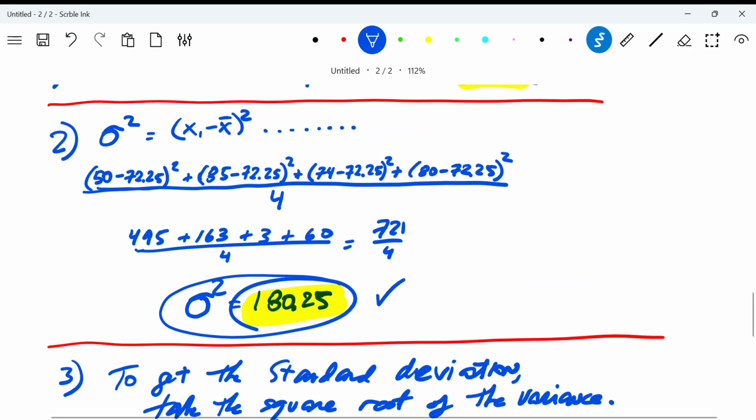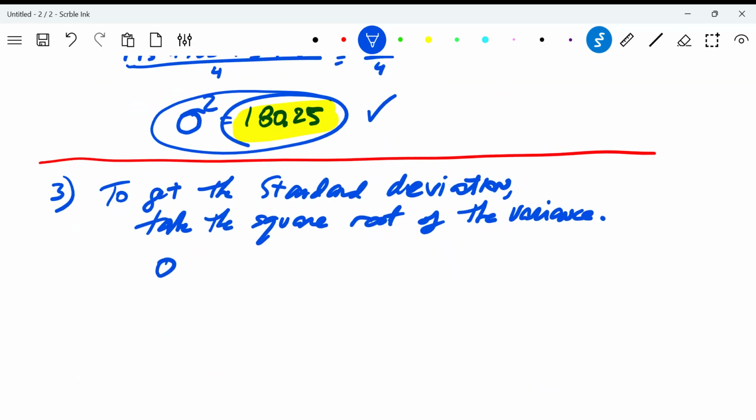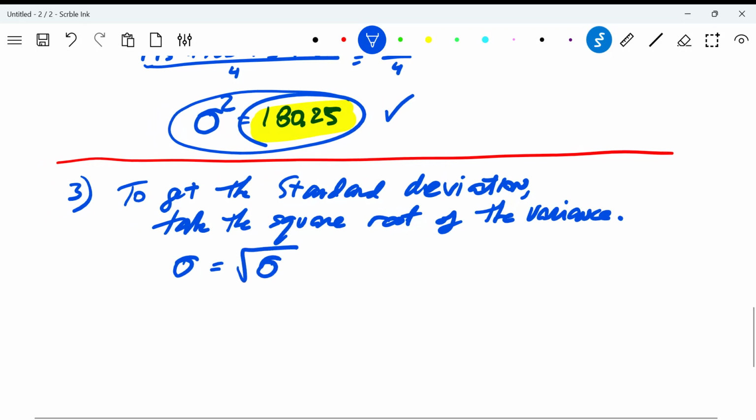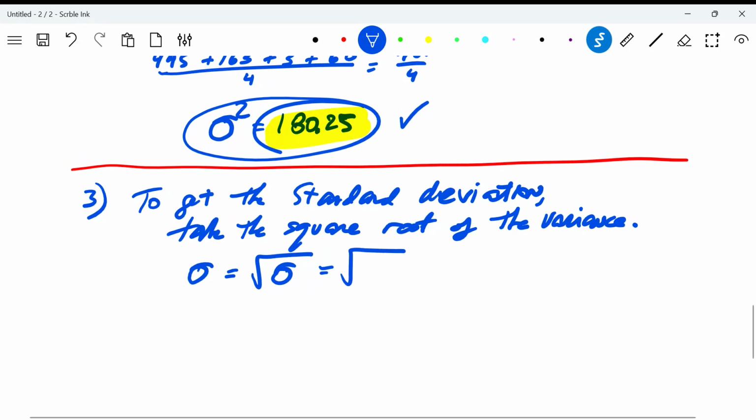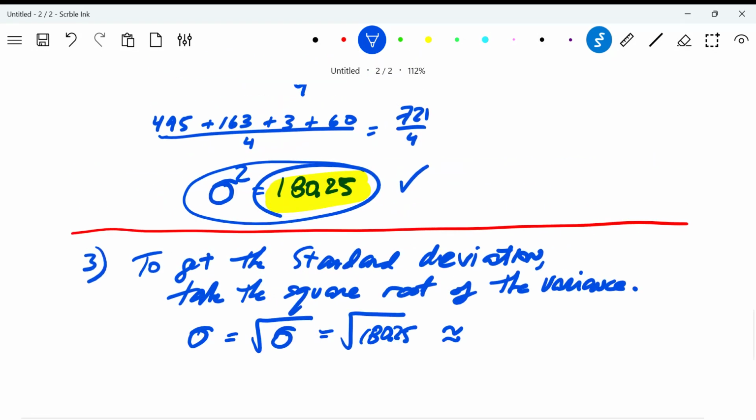So sigma is equal to the square root of sigma squared, which is the square root of 180.25, which is approximately 13.5. And that's the standard deviation.